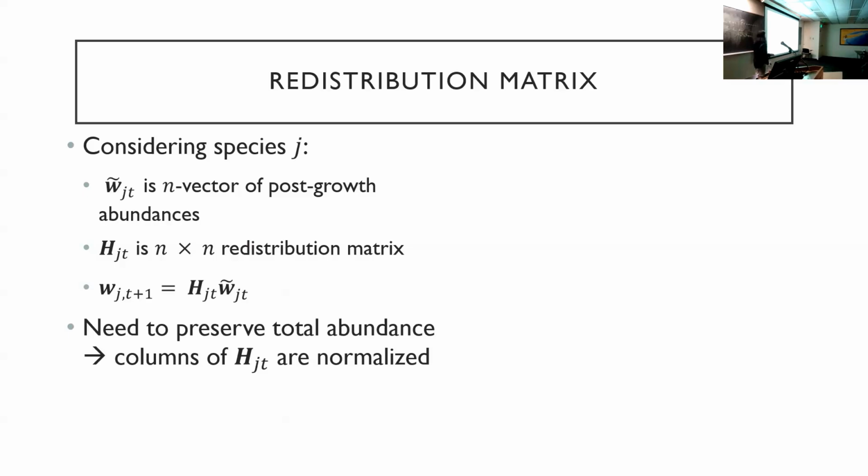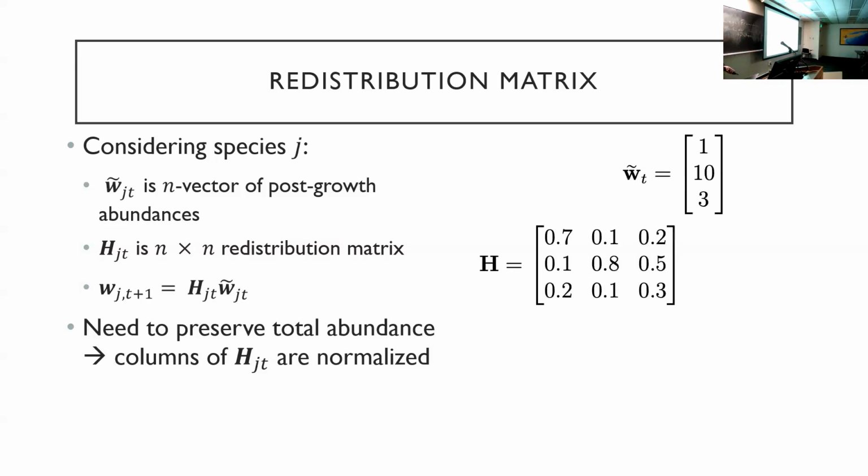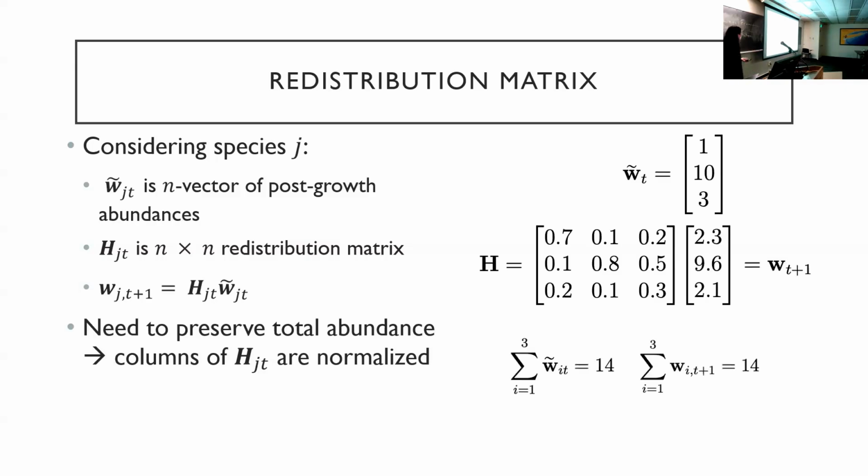There's a little bit of important things to keep in mind, that we need to preserve total abundance. We don't want to allow abundances to randomly increase or decrease for a given time year, since that's not accounted for in our model. So we need to normalize these columns. All this is to say is that if the abundance is 14 for this given species at time t, we want to make sure that after redistribution there is still 14 the next time. We don't want to have lost any.